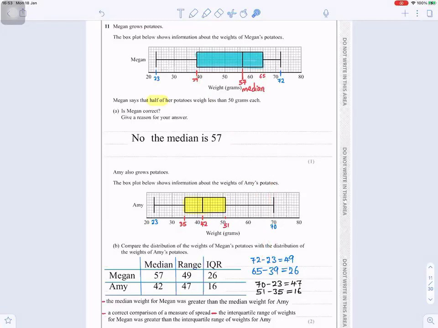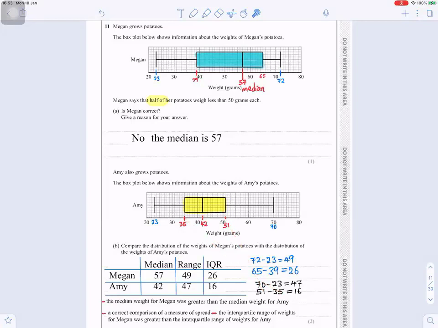For Amy, the range is given by 70 minus 23, which gives you 47. And the interquartile range is given by 51 minus 35, which gives you 16.